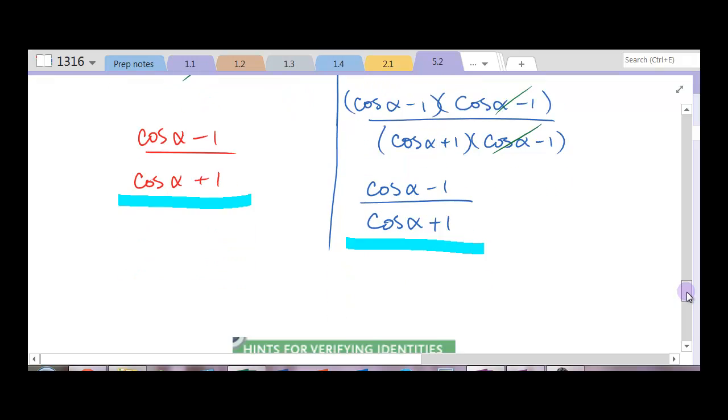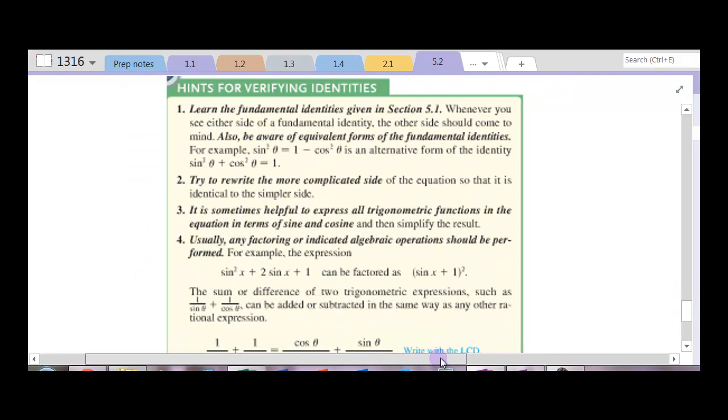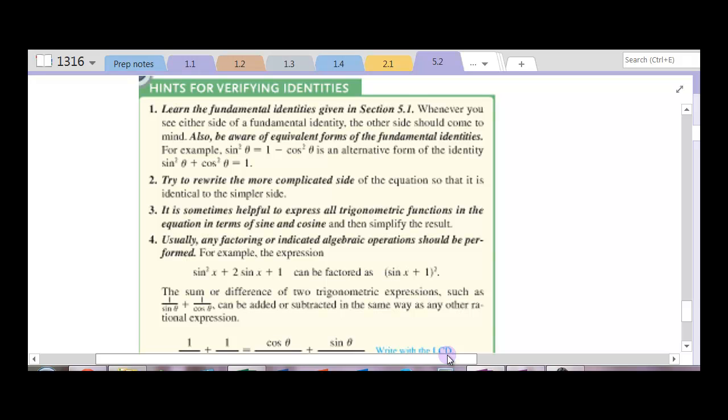Okay, so let's summarize what it is that we've done. The first thing that you want to do when you're looking at verifying identities is make sure that you are very familiar with the list of identities that were given in a previous video. So far we know Pythagorean, reciprocal, negative angle, and quotient identities.